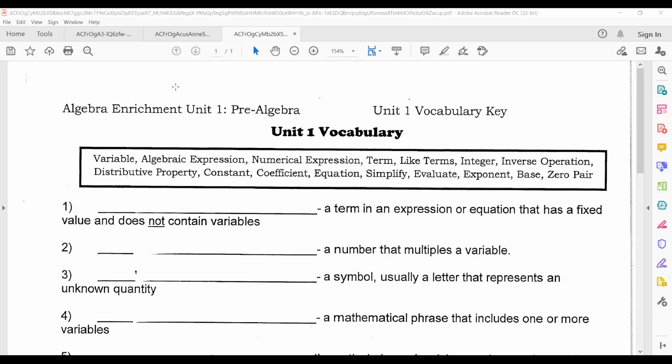So anybody want to take a guess at the first one? A term in an expression. Isn't that a zero pair? Zero pair would have to be two numbers.